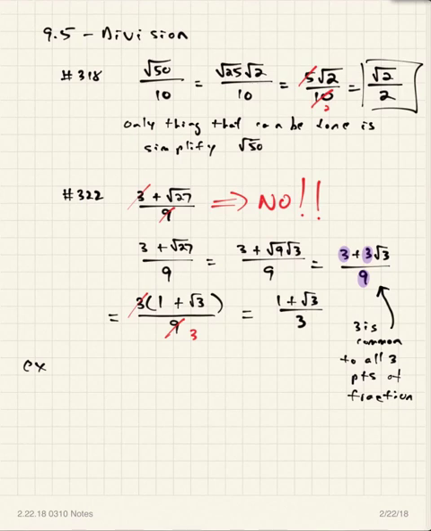So like let's say you have 2 plus 5 times the square root of 10 divided by, let's say, 10. Now, there's a 2 that's common between the 2 and the 10, but I can't do that, right? There's a 5 that's common between the 5 and the 10. I can't do that. Is there a factor common to all 3 parts?